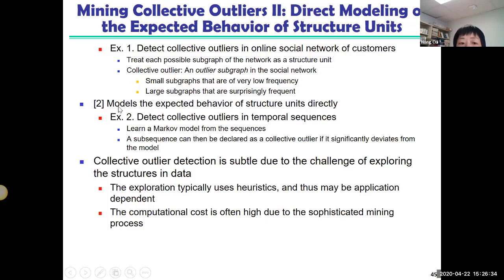And the second approach, which is much harder, is to model the expected behavior of the structure units directly. Here, depending on the data, for example, if you determine it's a temporal sequence, then you use a Markov model because a Markov model is good for sequences. A Markov model can compute, given observations and something that you want to predict, a probability for a sequence to happen.